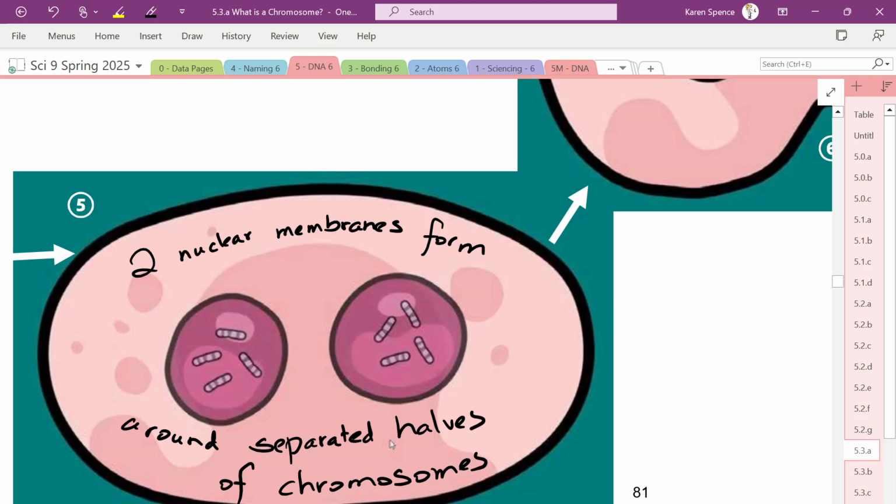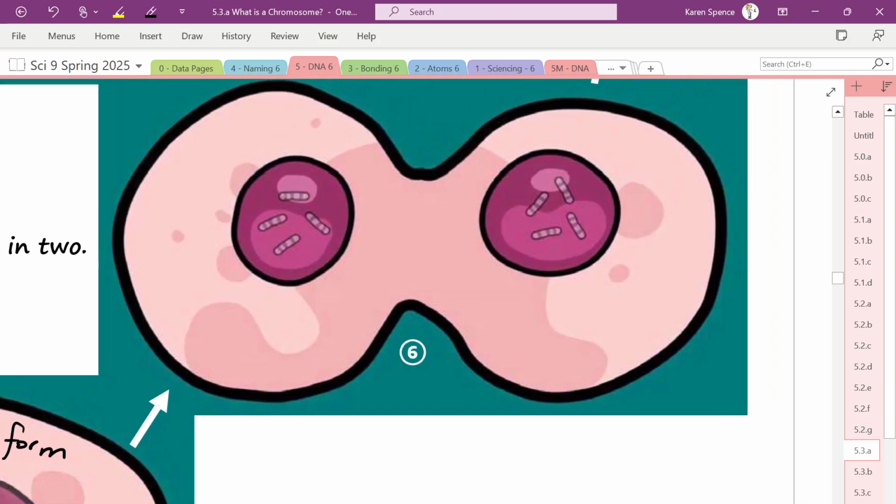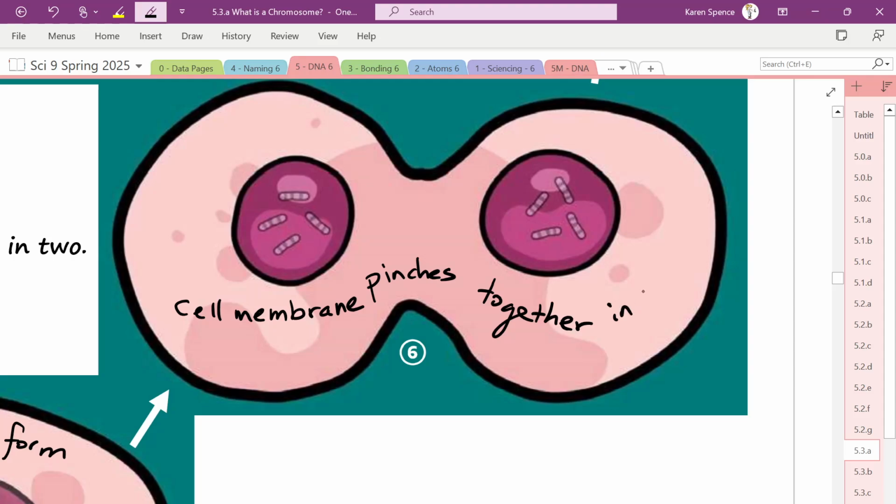Okay. All right. And look what's happening now. The cell membrane pinches together in the middle.